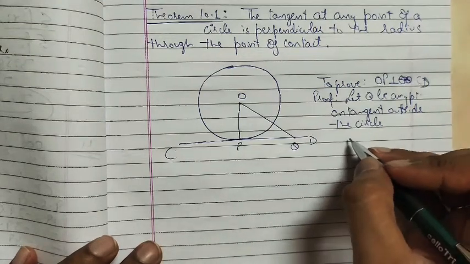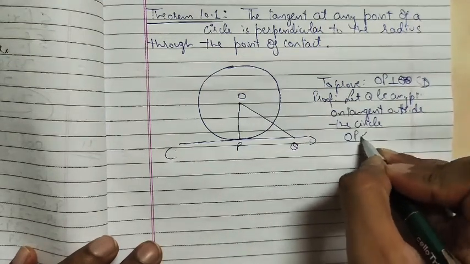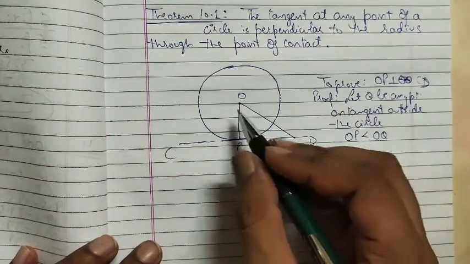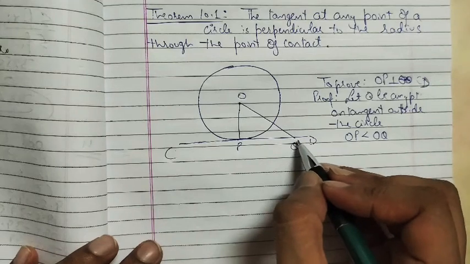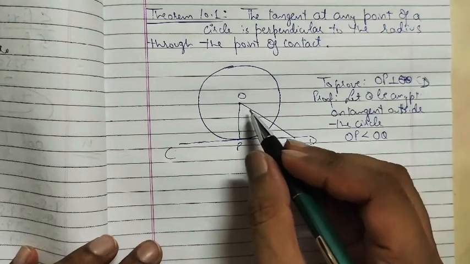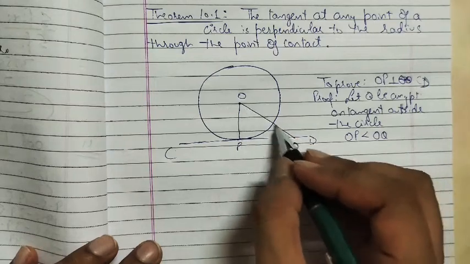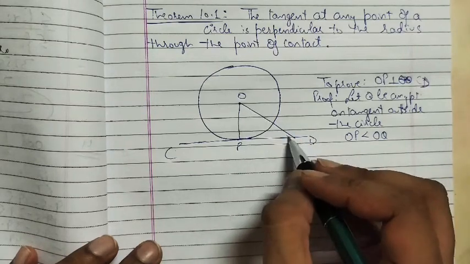So we know that OP will always be less than OQ, because OP is the radius, and Q is a point outside the circle. If this point is outside the circle, then this distance will always be greater than the radius of the circle.